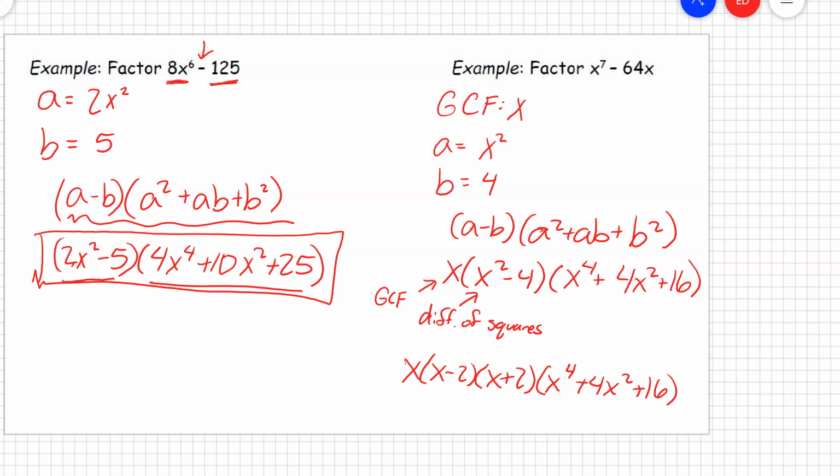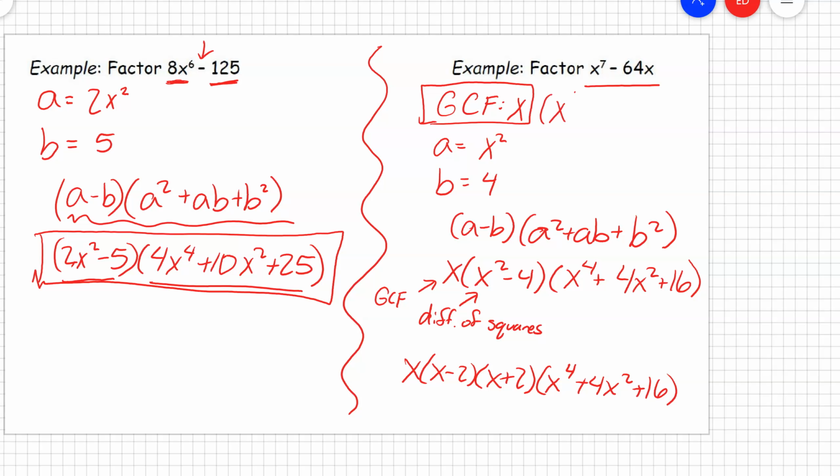All right. So for the second example, I noticed that both terms have an extra x. So if they have an extra x variable, that's our GCF. We can go ahead and take that x out. And when we do that, we would end up just with x to the 6th minus 64.